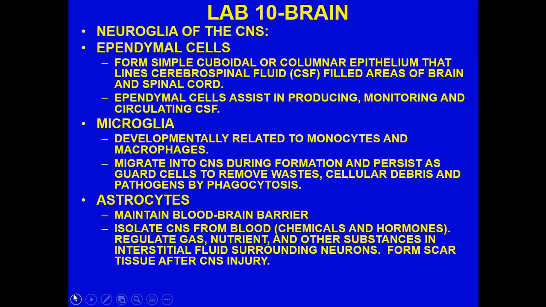When we talk about the neuroglia of the CNS, though, you have to have a greater appreciation for what all these structures are doing. Because when you think about it, you have to have in a brain the capability to process sensory information, to process all sorts of other components and factors, and then elicit a response.